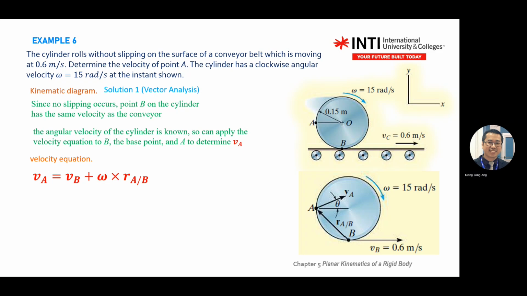Cos theta i. And J, Y is going up. We gave you the Y already. If this one is changed to Z, then it becomes K. Right? Then VB. Why do you include VB and 0.6 together?